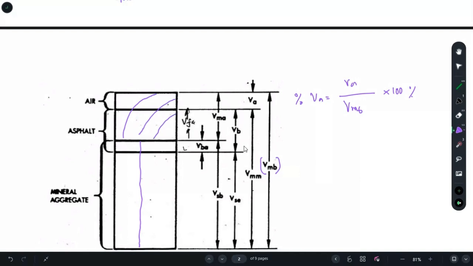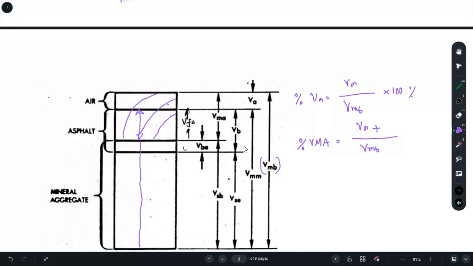So you take the total volume, and these voids can be regarded as void of air, and you have this void right over here.